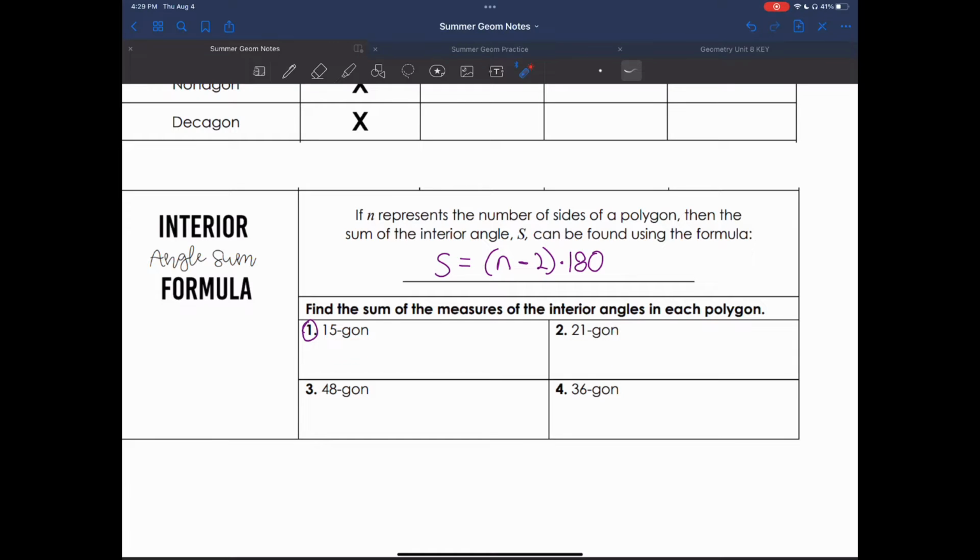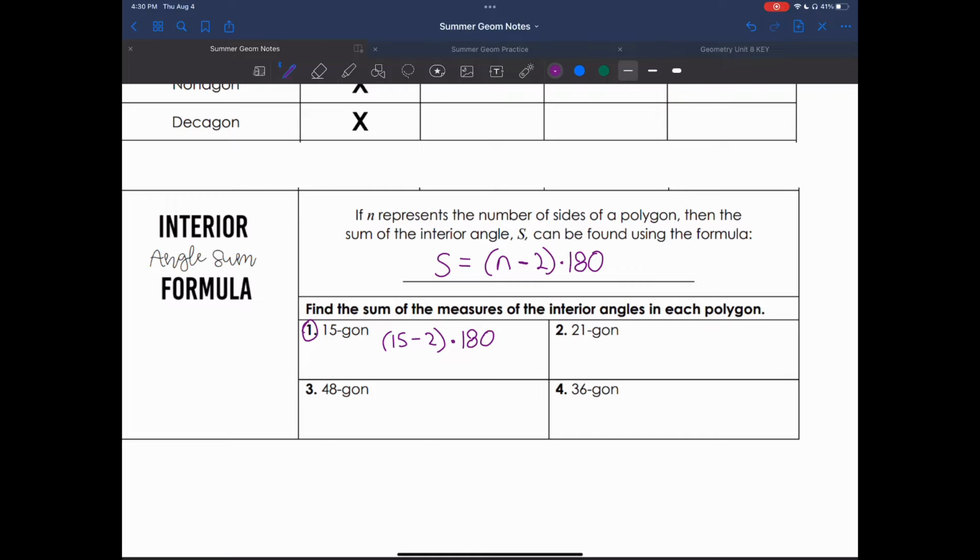All right, so if we know it's a 15-gon, it has 15 sides, that means we're going to plug that 15 in for n in the formula, okay? So we would be doing 15 minus 2, which is 13, right? So that means there are 13 triangles in a 15-gon, and we multiply that number by 180.